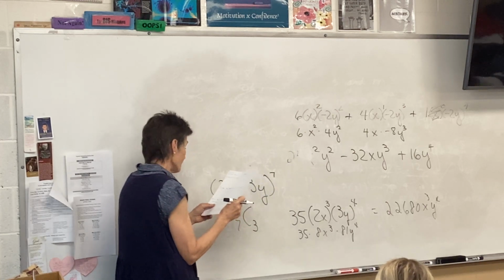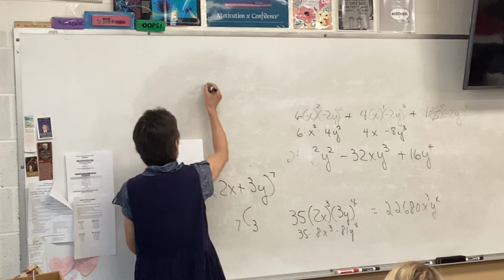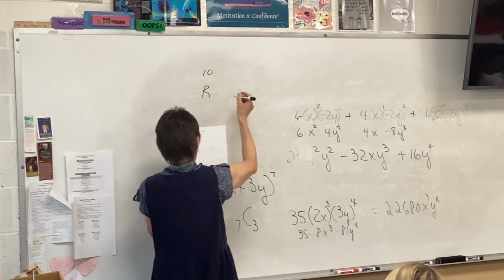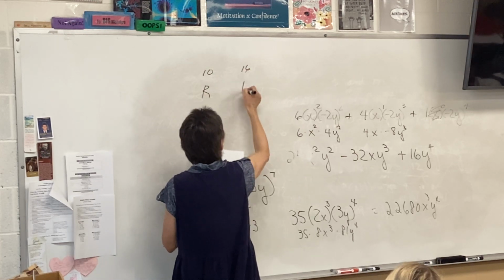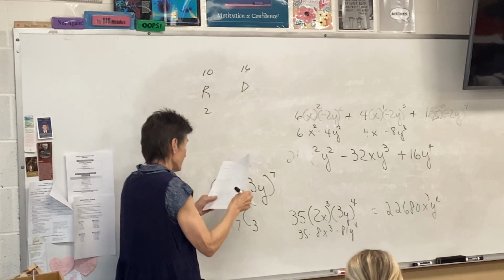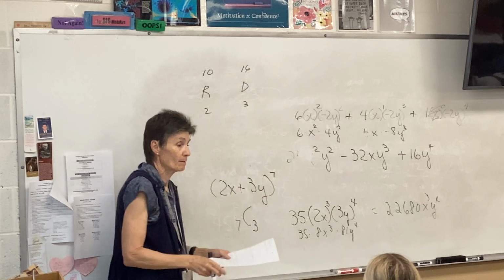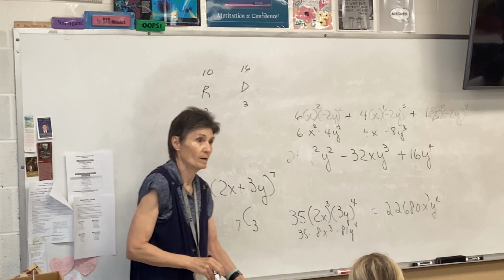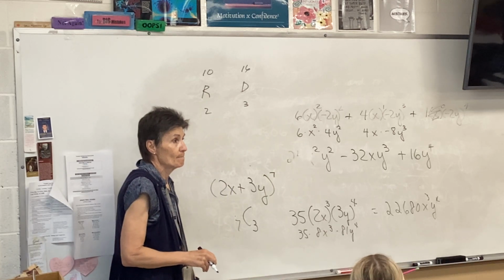All right, I have a committee. I have 10 Republicans and 16 Democrats, and I need to choose 2 Republicans and 3 Democrats to be on my committee. We just did one exactly like this.